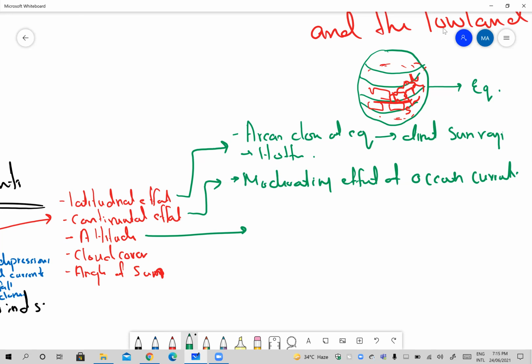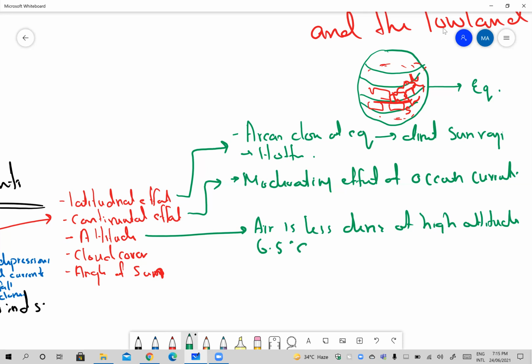So you can say that air is less dense at high altitudes, and because of that the temperature drops.